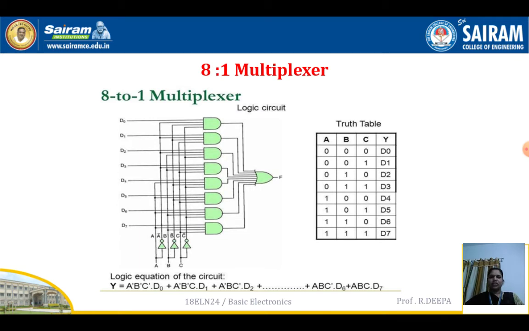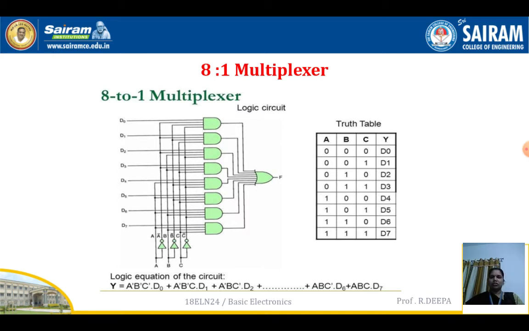If it is 0, 0, 1, it is D1. If it is 0, 1, 0, it is D2. If it is 0, 1, 1, D3. 1, 0, 0, D4. 1, 0, 1, it is D5. 1, 1, 0, it is D6. And if it is 1, 1, 1, we select the last input line D7 as the output.